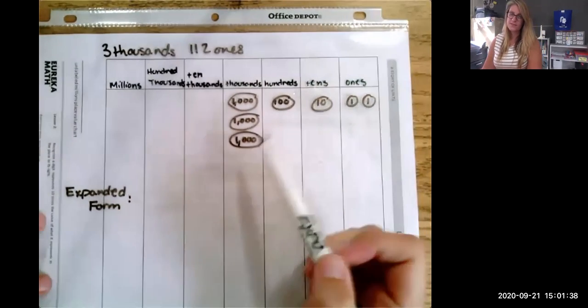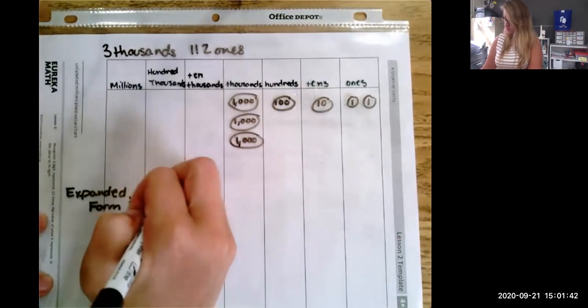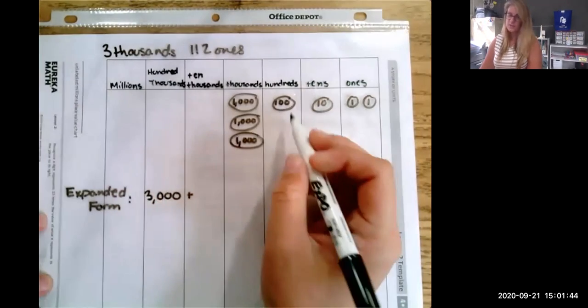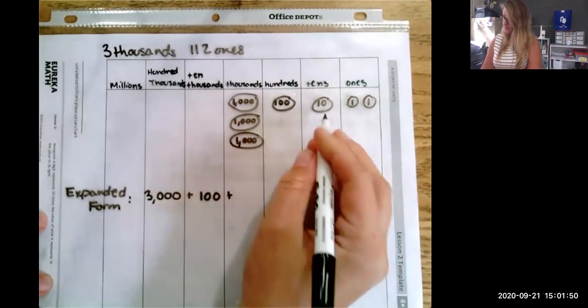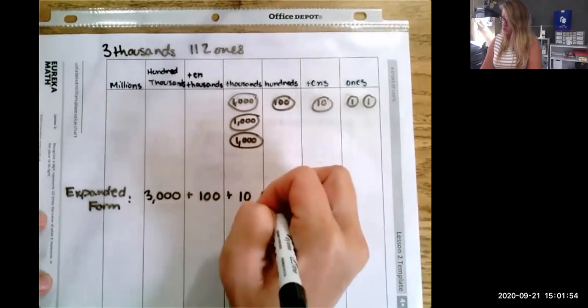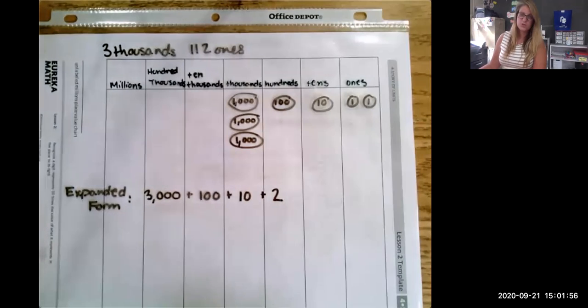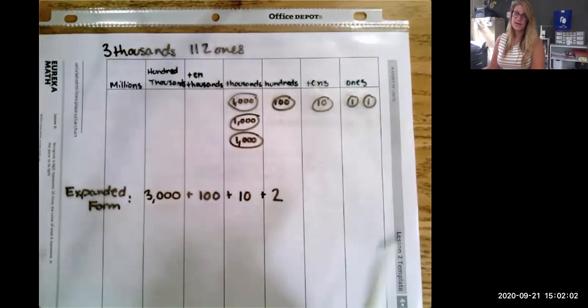Okay, for expanded form, we're looking at the value of each place. So in the thousands place, the value is 3,000. Plus the hundreds place, the value is 100. We have 100 discs. And then in the tens place, we have 1 ten. And then in the ones place, we have 2 ones, so the value is 2. Remember, for expanded form, we're pulling out the value of each place and adding it together.